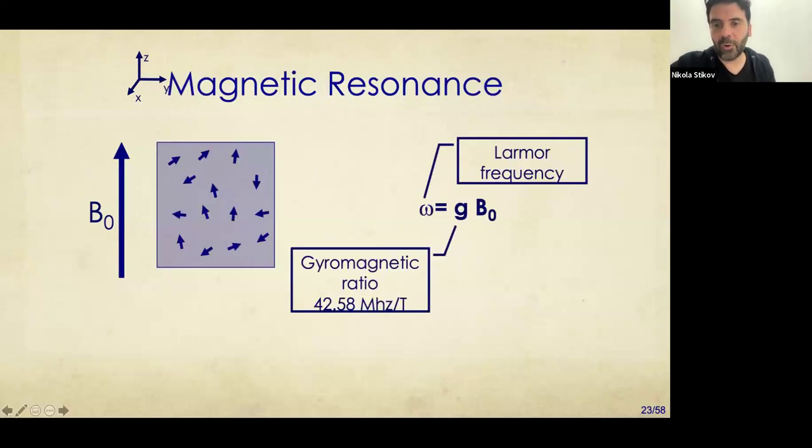So basically, for every Tesla of a main magnetic field you have, you will be precessing at a frequency of 42.58 megahertz. So if you have a field of 1.5 Tesla, you're operating at 64 megahertz. If you have a field of 3 Tesla, you're operating at 128 megahertz. So this gyromagnetic ratio determines that the higher the field strength, the higher the frequency at which these spins precess.